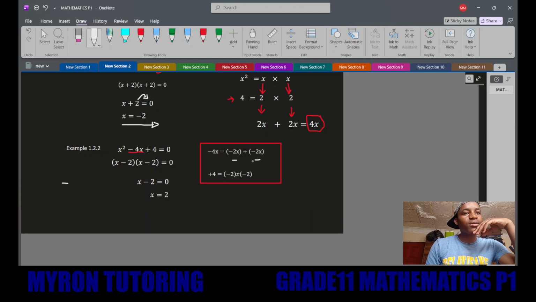So all we needed to realize here is that the term -4x is a summation of -2x and -2x, which means that we need to factorize positive 4 such that it is a product of two -2's.